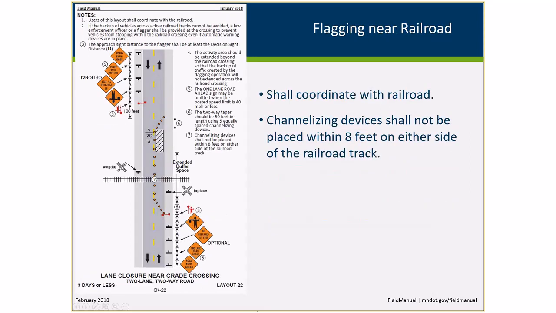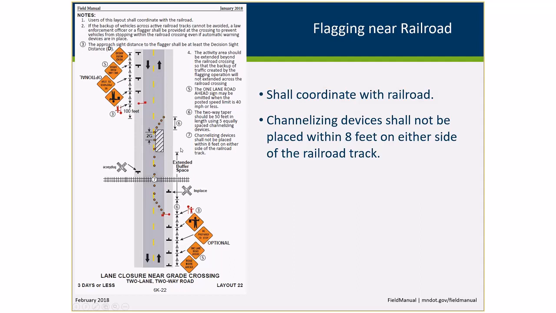If you're flagging near a railroad, we added a couple of additional things into this layout. This layout existed previously, but we wanted to make sure that people did a couple of things. Note number 1 talks about users of this layout shall coordinate with the railroad. That is absolutely required, and we wanted to make that very clear.